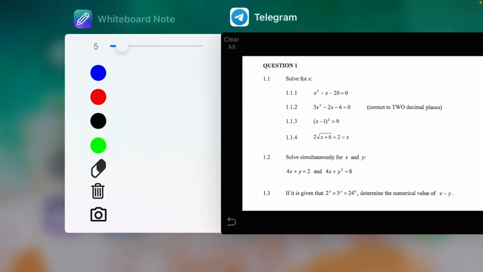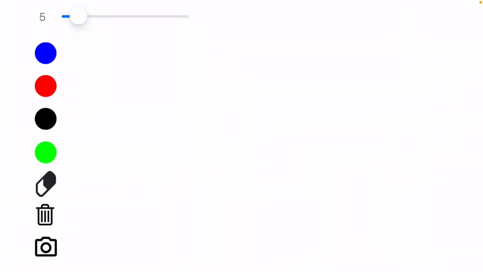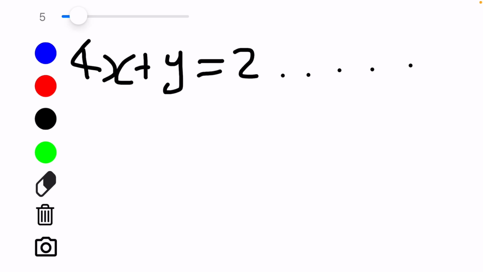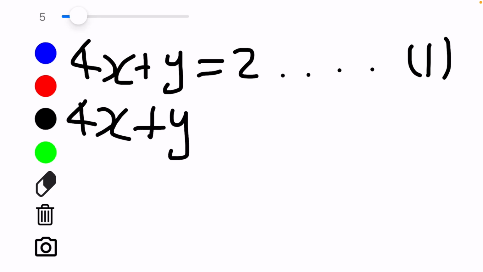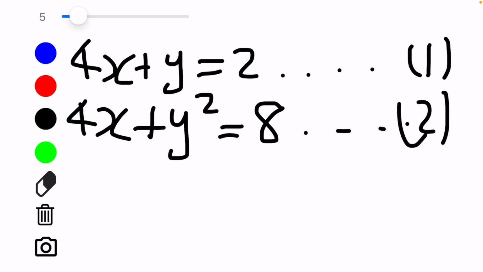In most cases, you just say maybe 4x plus y is equal to 2 and refer to this as equation number 1. And I think this was the second equation. This is the second equation. Guys, yours is to come up with the third equation. Very, very important. Yours is to come up with the third equation.